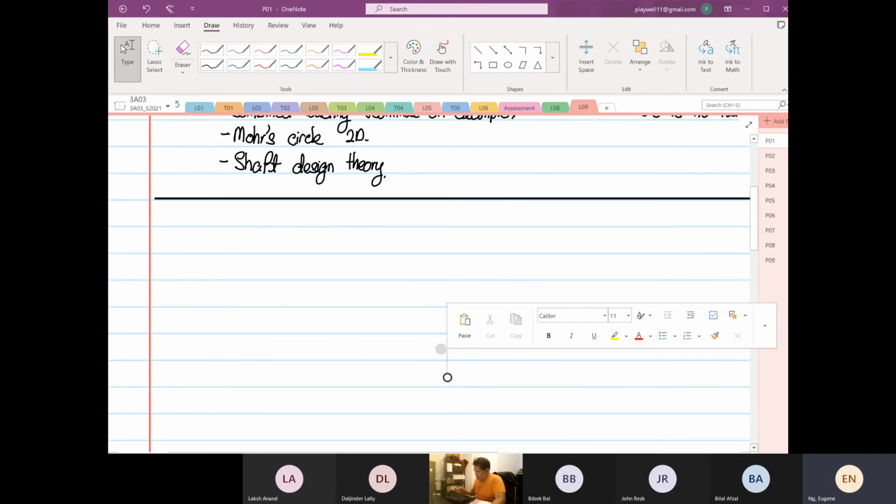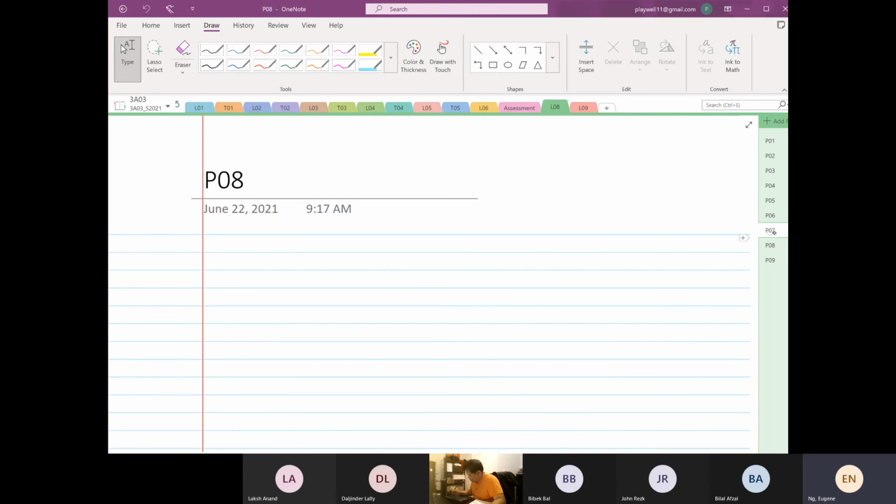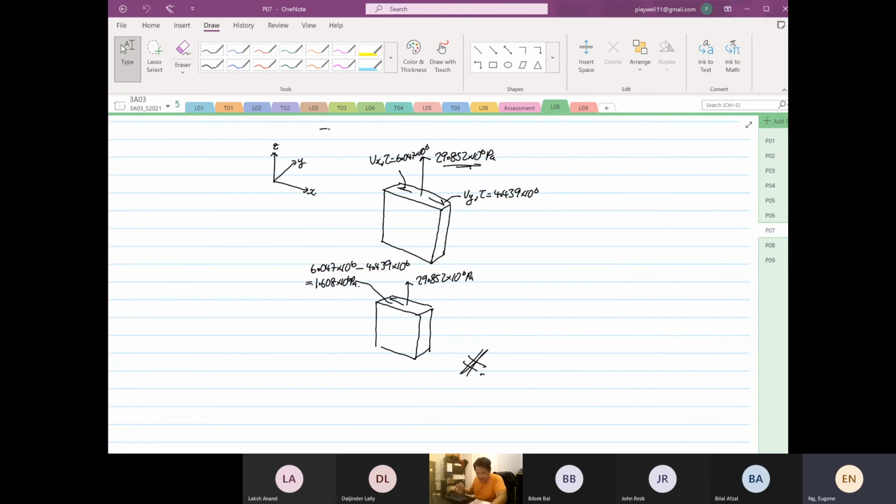Last week, where we finished off, I'm going to briefly look at last week's notes. We drew an element, and we realized that the element is under a normal stress load of 29.852 times 10 to the power 6, and then it has a negative shear configuration of 1.608 times 10 to the power 6.